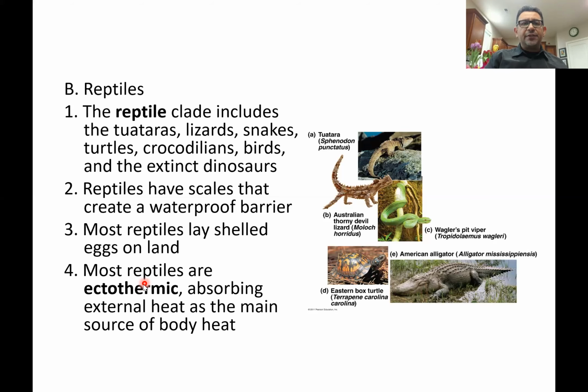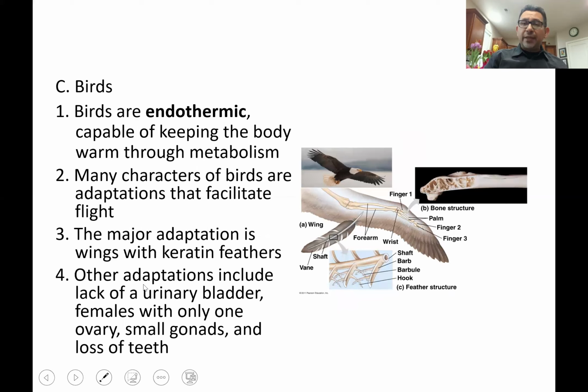So that's the reptiles. The birds are going to be endothermic. So if we apply the same reasoning we did before, thermic means heat energy, endo means inside. So the body heat that allows for the metabolic reactions of these animals is not coming from the outside, but it is actually coming from all of those processes that provide energy for the animal.